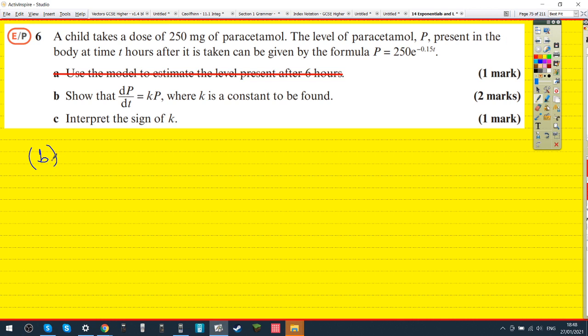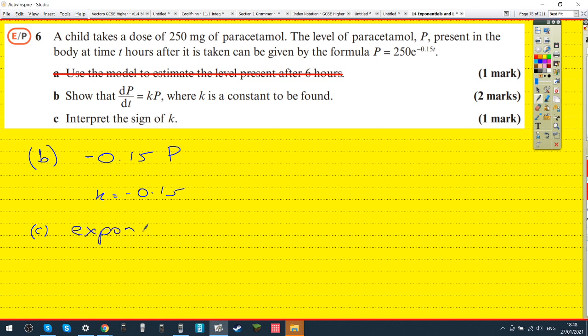Okay, so minus 0.15P. Correct. You got there quick. And so K is minus 0.15. Interpret the sign. Say exponential decrease. Yeah.